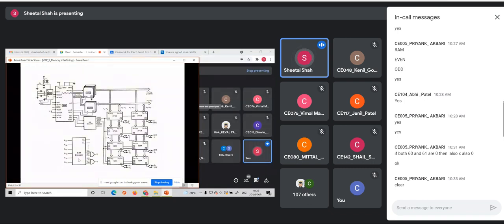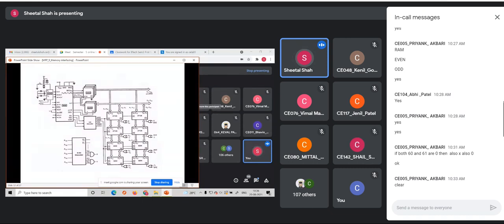Similarly, for accessing the IO ports the same thing holds good. So some of the address lines can be directly connected to the IO ports, whereas the rest of the address lines can be used for selecting the chip of these IO ports. Okay. Hope you are getting it.